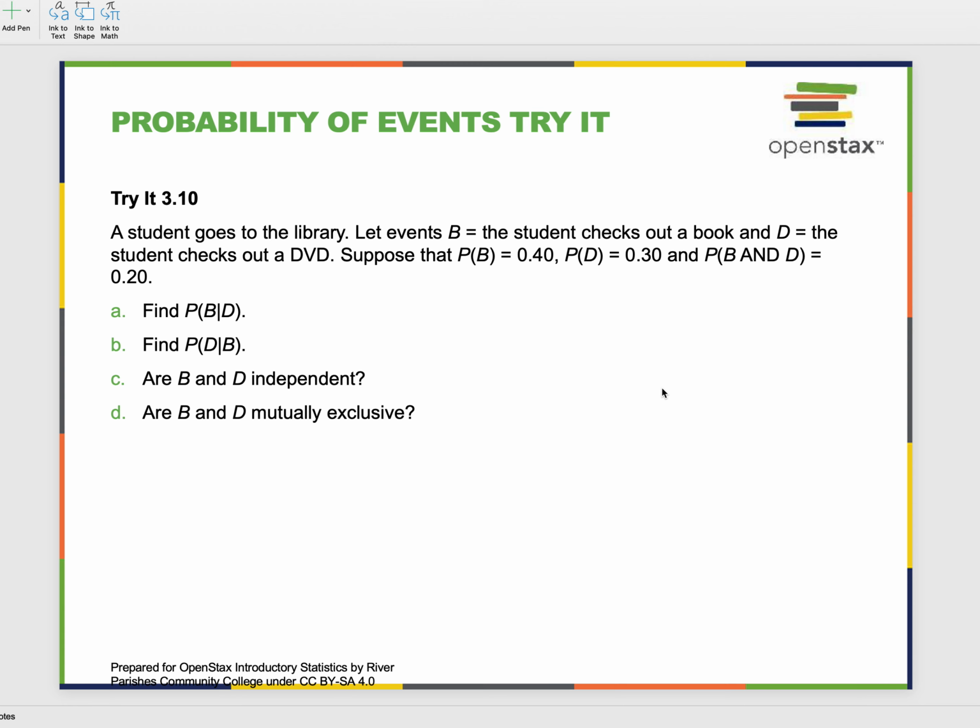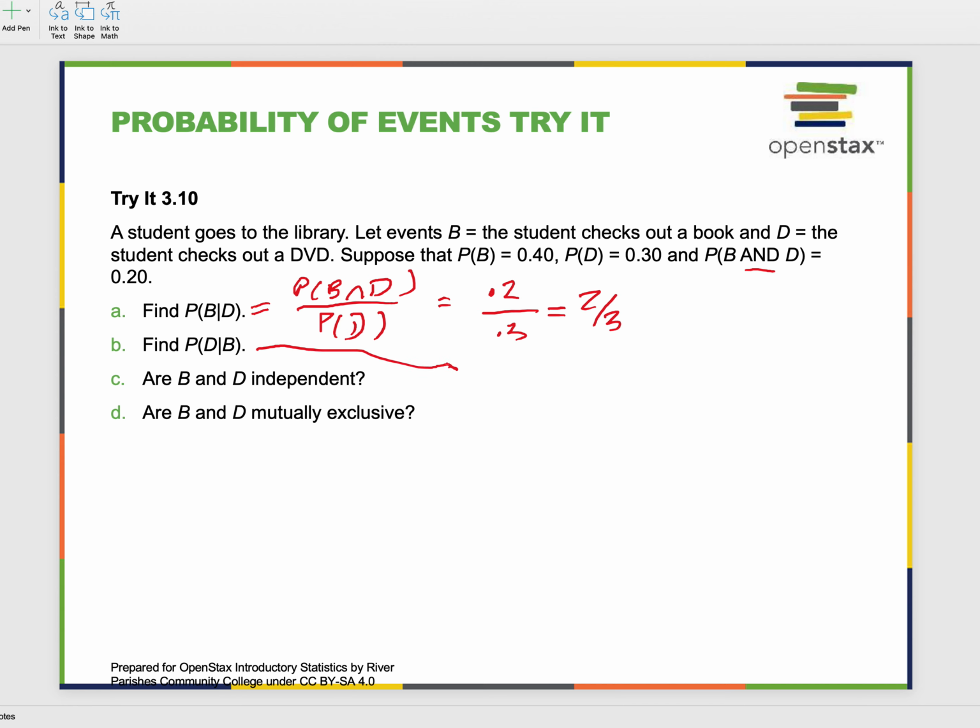So find the probability of, in this case, B given D. We know that this is the probability of B and D divided by the probability of D. Well, what's the probability of B and D? It's 0.2, divided by the probability of D, which is 0.3, which is 2/3.